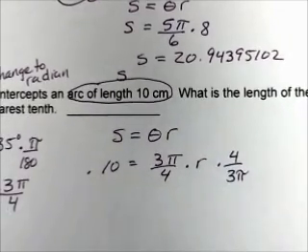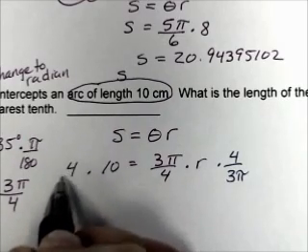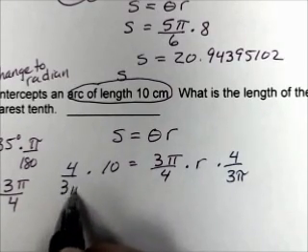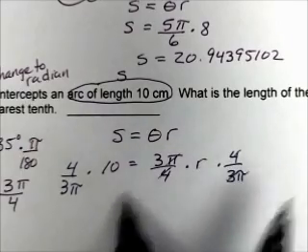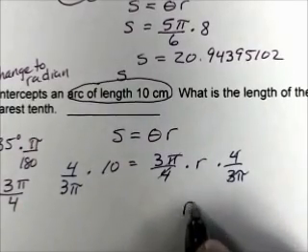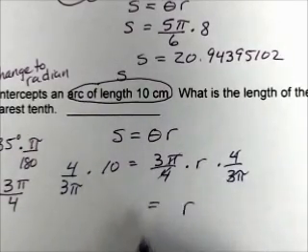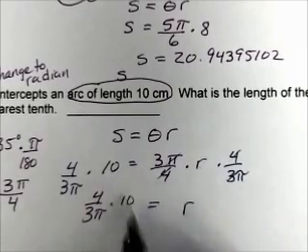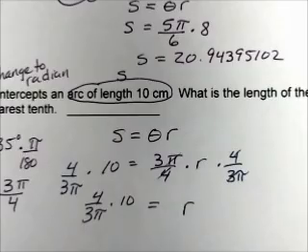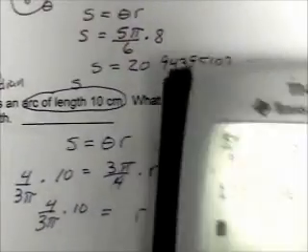What you do to one side of the equation, you do to the other. So now we have r is equal to 4 over 3 pi times 10 over 1.